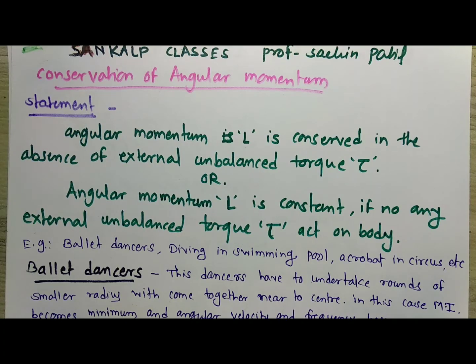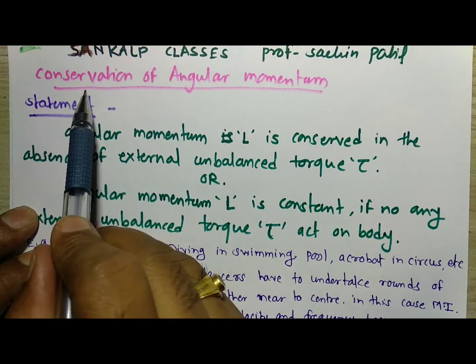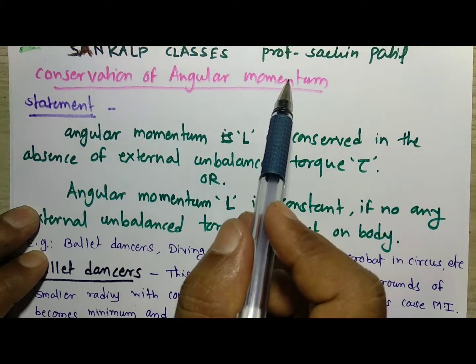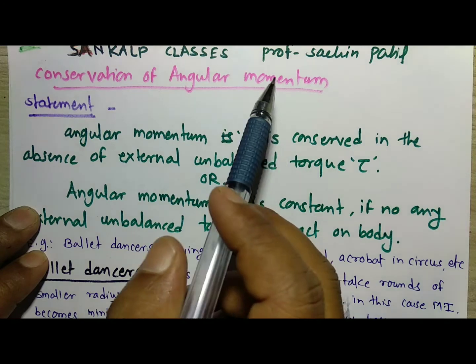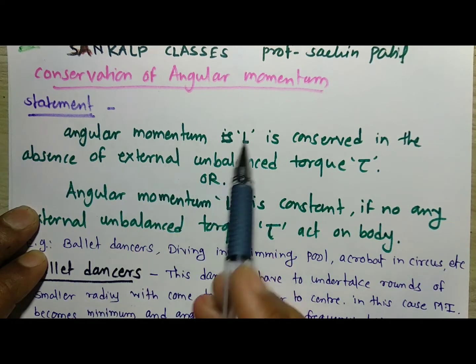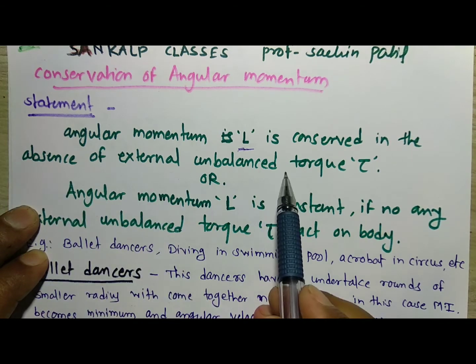Now let's go on to the conservation of angular momentum. What is the statement related to the conservation of angular momentum? First of all, it is similar to the conservation of linear momentum also. The statement is: angular momentum L is conserved in the absence of external unbalanced torque.